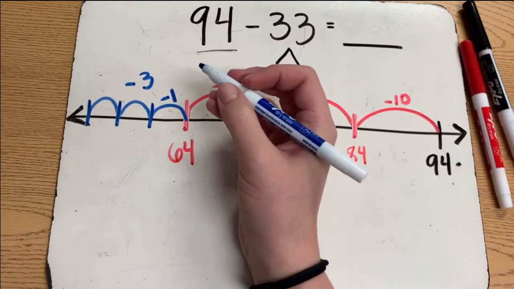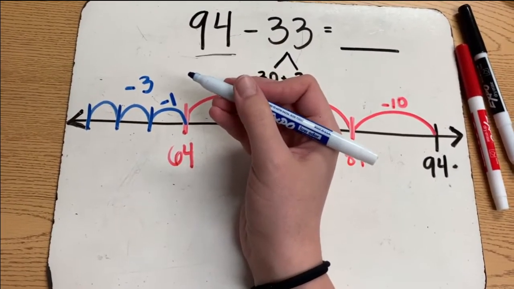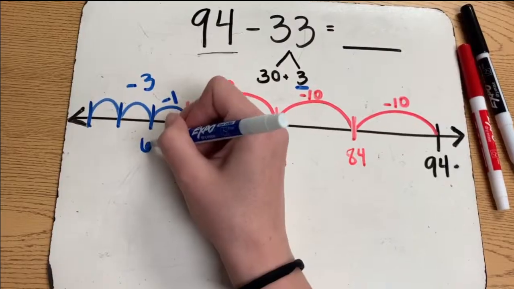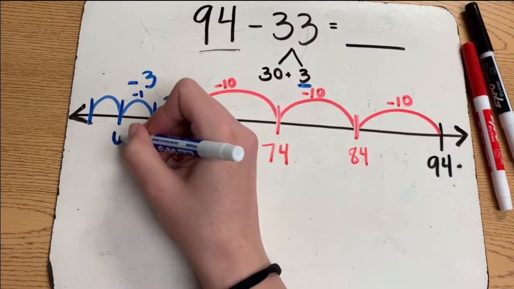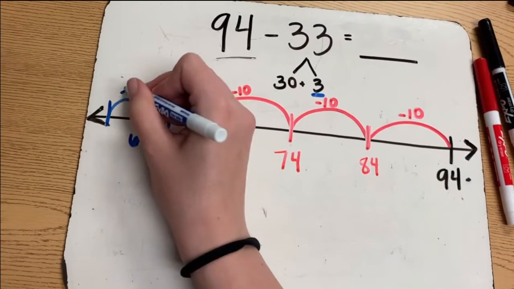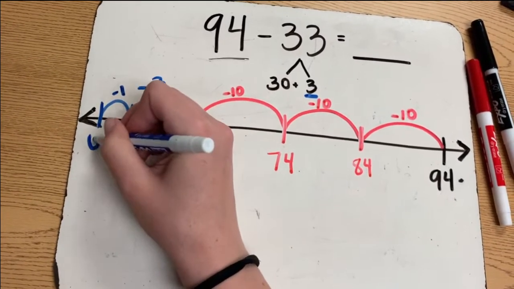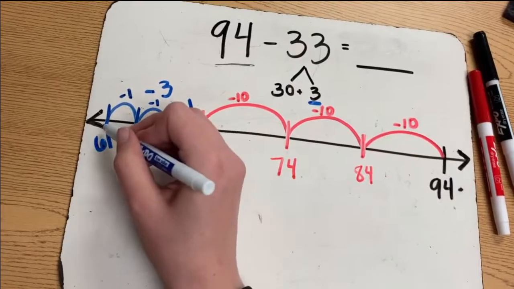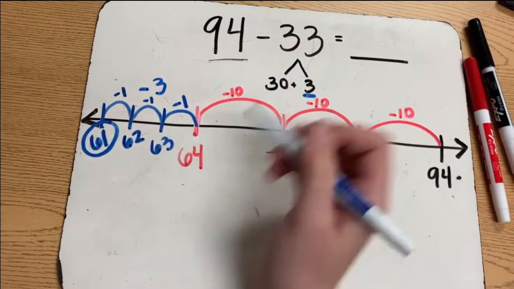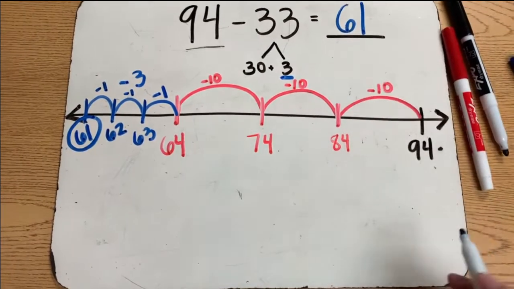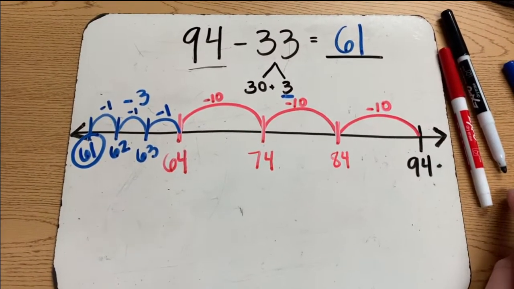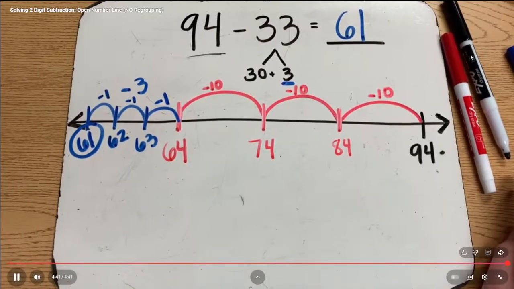So 64, what comes before 64? 63. Take away 1. 62. Take away 1 more. We land on 61. Okay, so our answer, boys and girls, for this problem is 61. Okay, I hope this helped, and give it a try.